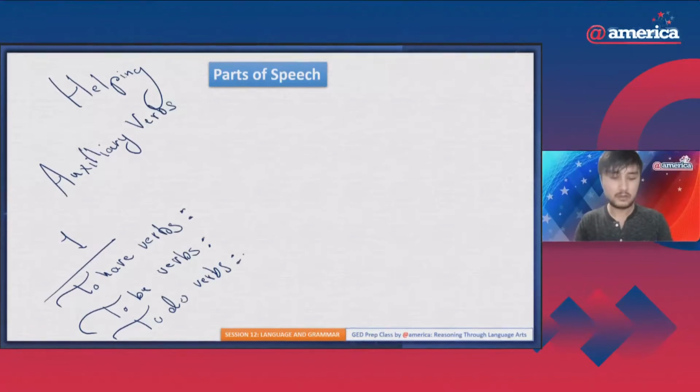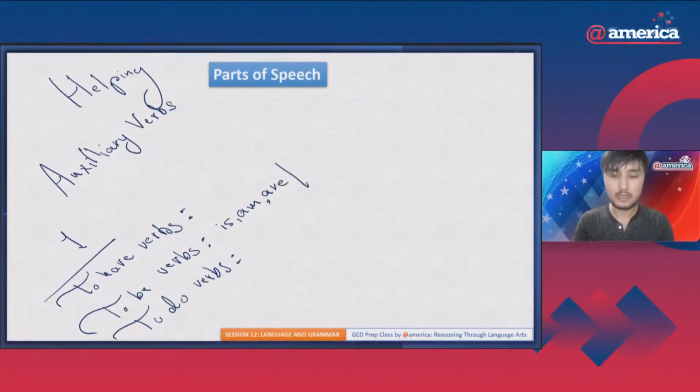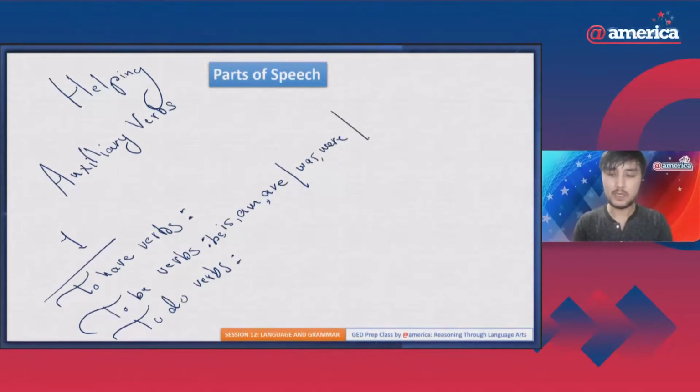To be verbs are verbs of state, and if we use them as helping verbs, they are basically is, are, and for the past form you have also be, by the way. We have was, and we have were. And for the past participle, we have been.